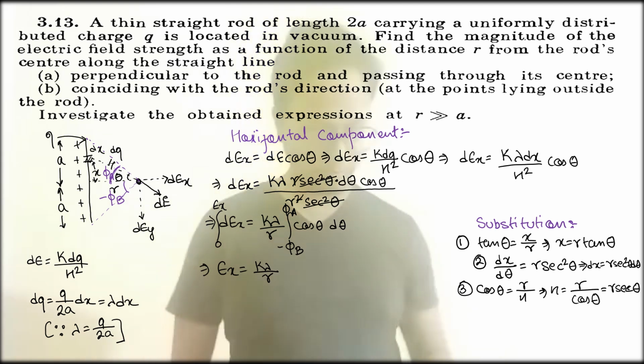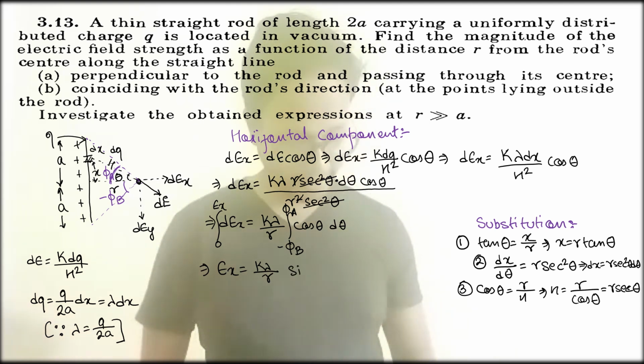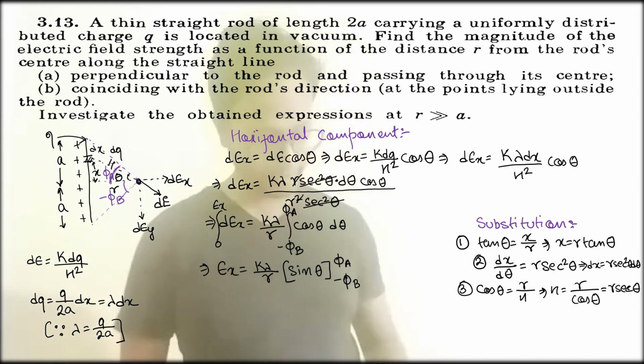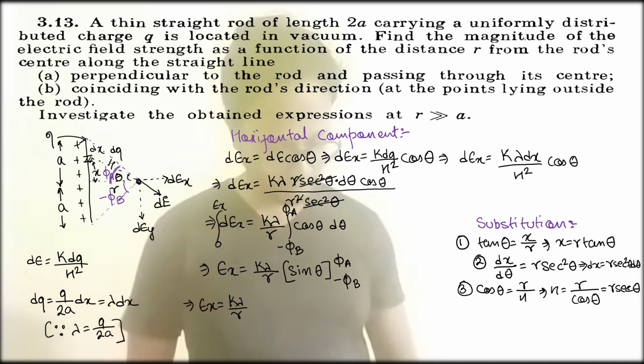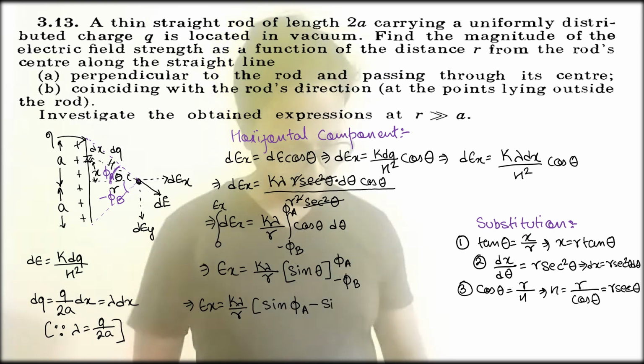What is the integration of cos theta? Sin theta, from minus phi b to phi a. So Ex should be equal to k lambda by r into sin phi a minus sin of minus phi b.